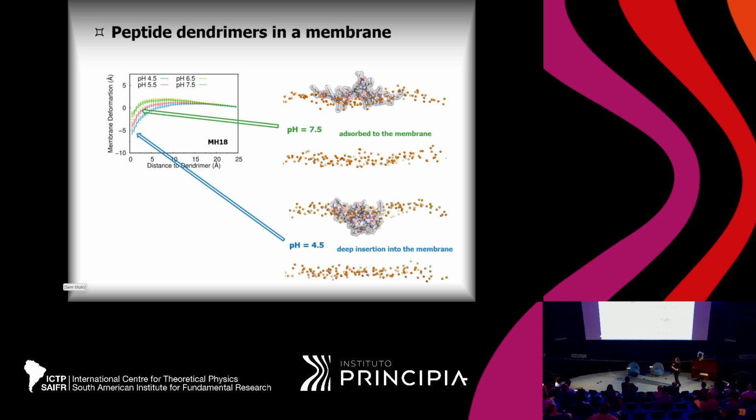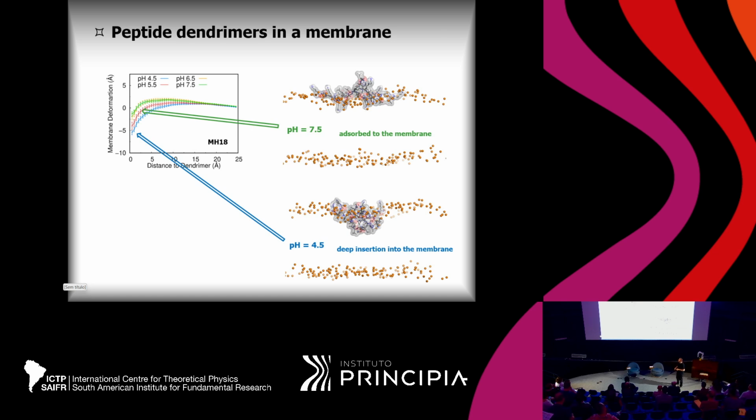Once you go into more acidic pH, then we start to see a large deformation, and this is a typical conformation. This is like the beginning of something that we think might be a local deformation, maybe even creating pores, a mechanism that we know can sometimes happen with antimicrobial peptides and all these cationic molecules.